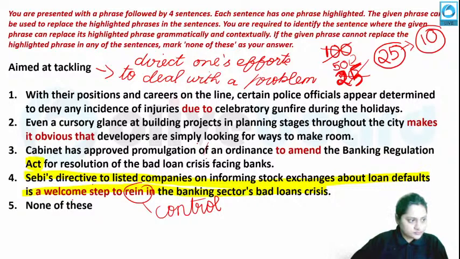Roy, clear? Okay. Good number of attempts if the paper is very tough. Are you expecting a very tough paper? I am not expecting a very tough paper. What is my intuition saying? That the paper will be moderate. Guys, my intuition is saying the SBI PO prelims paper will be moderate. But if you are asking about good attempts if the paper is tough, how tough can it go?